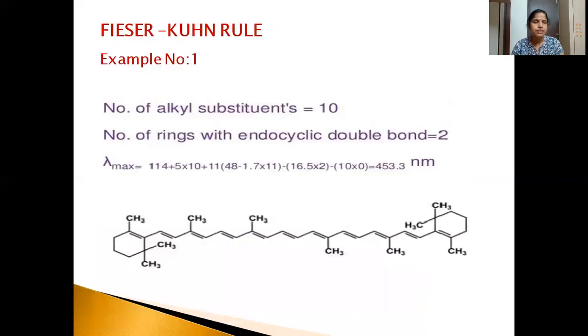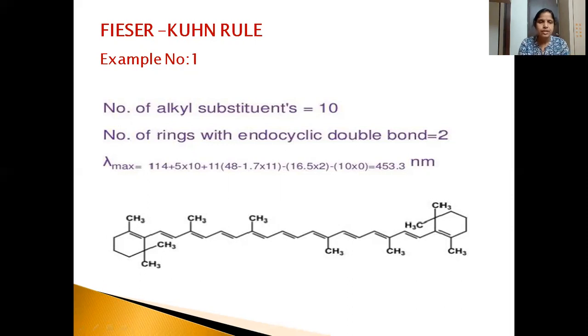First we'll take this example. In this, first count how many alkyl substituents there are. There are 10 alkyl substituents. You can see all the methyl groups are alkyl substituents here: 1, 2, 3, 4, 5, 6, 7, 8, 9 and 10. So a total of 10 alkyl substituents.